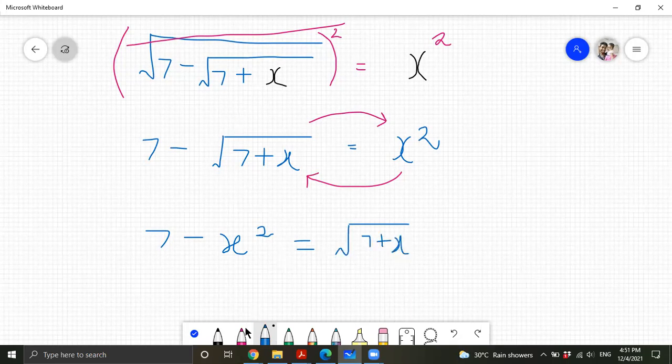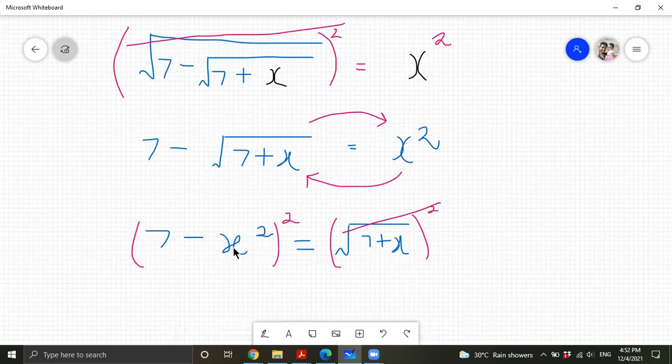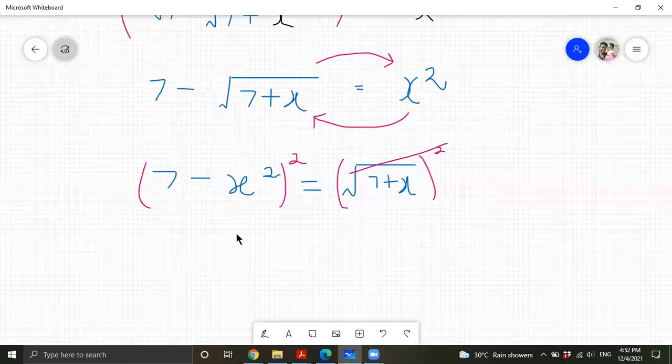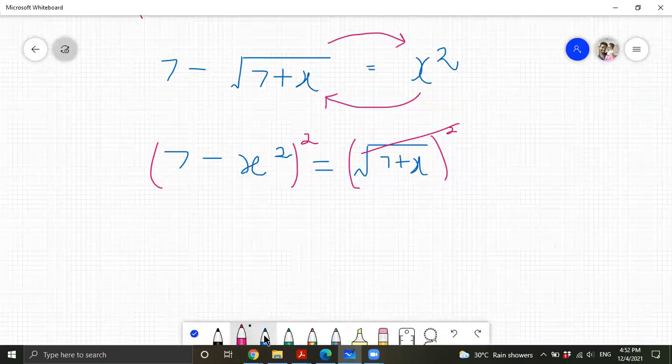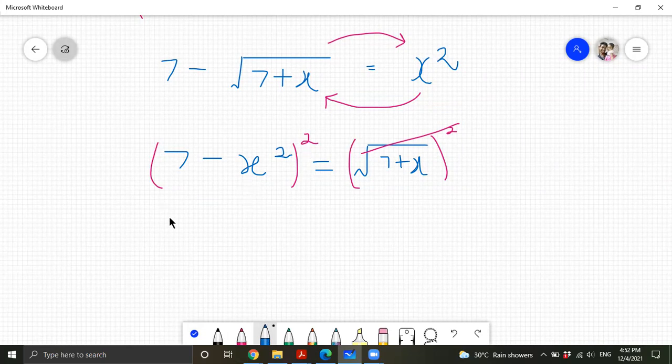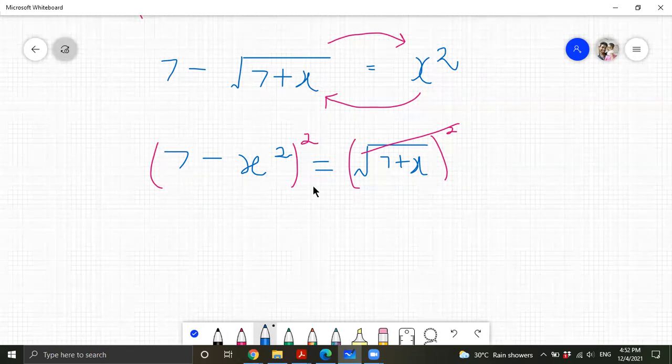Now we'll again take the square. When we take the square, the square root and square will cancel, but this side is also squared. Don't worry, guys. We are increasing the exponent of x, but it's okay. Instead of a square root, it's easier to solve with a higher exponent of x. So we just elaborate this.